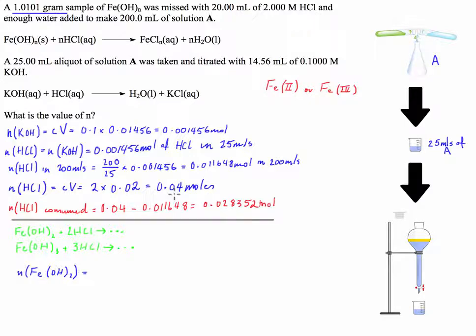So the number of moles of Fe(OH)2 would be equal to the number of moles of hydrochloric acid divided by 2, which is equal to 0.014176.